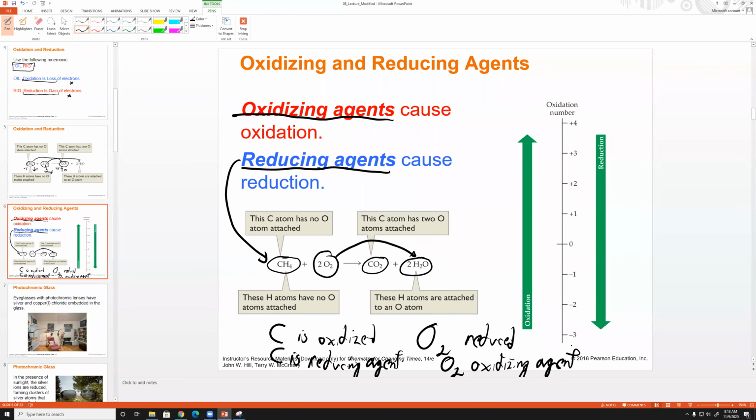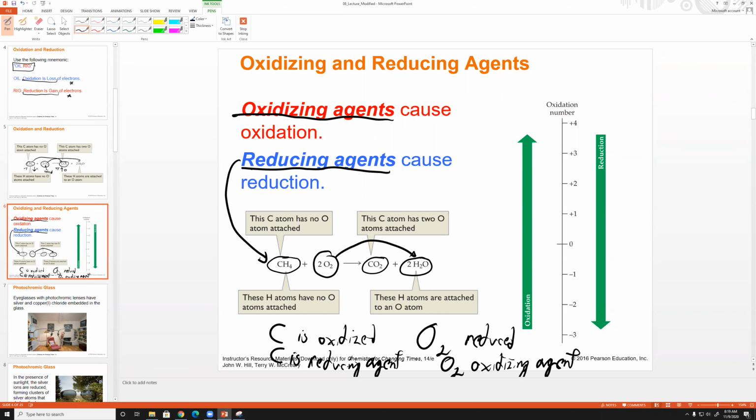So they're opposites. If I give you an exam, first part of the question, which one's being oxidized? You would look and see which one is gaining oxygens. That one's being oxidized. Then you would see which one's the reducing agent. If it's being oxidized, it is the reducing agent. If it's being reduced, it is the oxidizing agent.